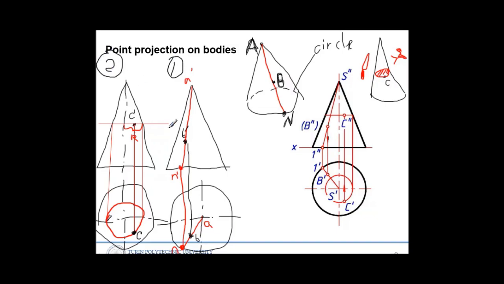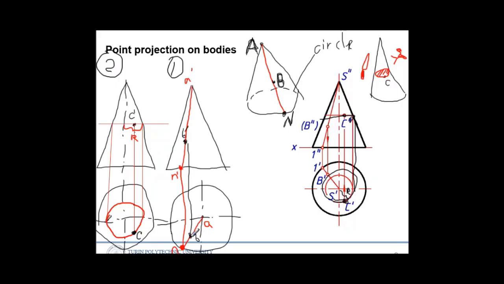In case the points are given in the top view, it is the same way. Here is the given C point. What we do is we can make a circle. We draw a circle here with the same base radius. So that's the radius. And from an edge, if you go up to the cone and get this point, make a line, and then this point can be projected to that line.